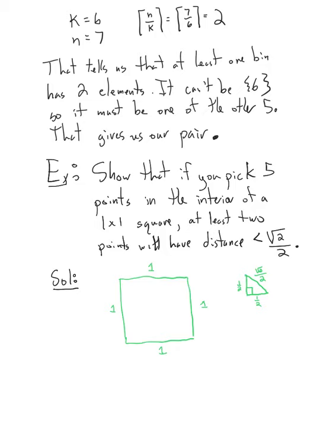So knowing that fact, that tells me that if I divide my 1 by 1 square, remember, I'm not allowed to pick points on the boundary. I can only pick points on the interior. If I divide my square into 4 subsquares, for the boundaries of these subsquares, I can just define what subsquare they're in arbitrarily.